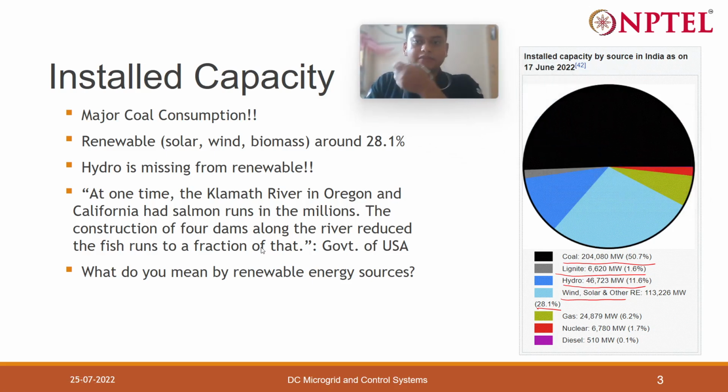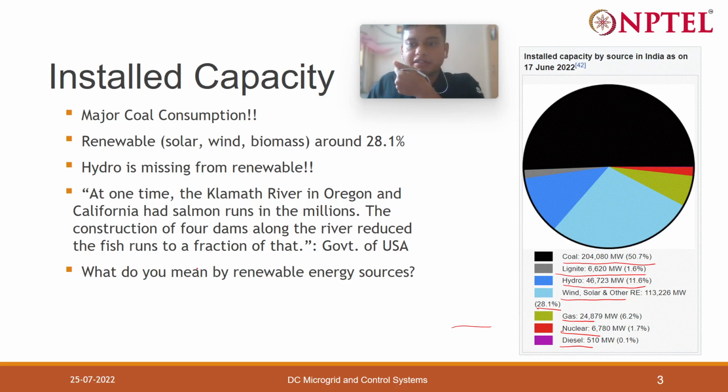So here we can see that the major portion is coming from the renewable energy sources, and then we have a contribution from the gas based plant also, and nuclear based plant, that is 1.7%, and diesel based plant, that is very minimal, 0.1%.